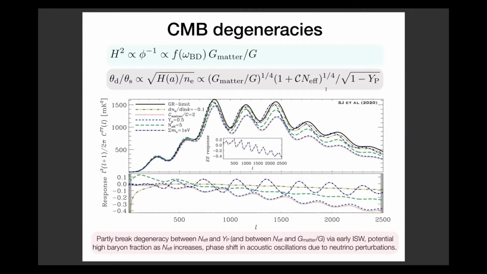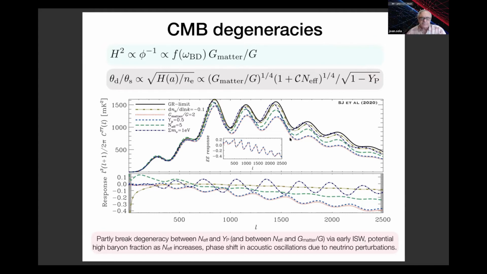In standard GR, you can show that this is proportional to your effective number of neutrinos and the primordial helium abundance. But as I've shown you in the previous slide, the expansion rate goes like the square root of my effective gravitational constant. So we're going to get a similar effect from the effective gravitational constant, and we can see that it actually introduces a degeneracy with the effective number of neutrinos, but in particular with the helium abundance.